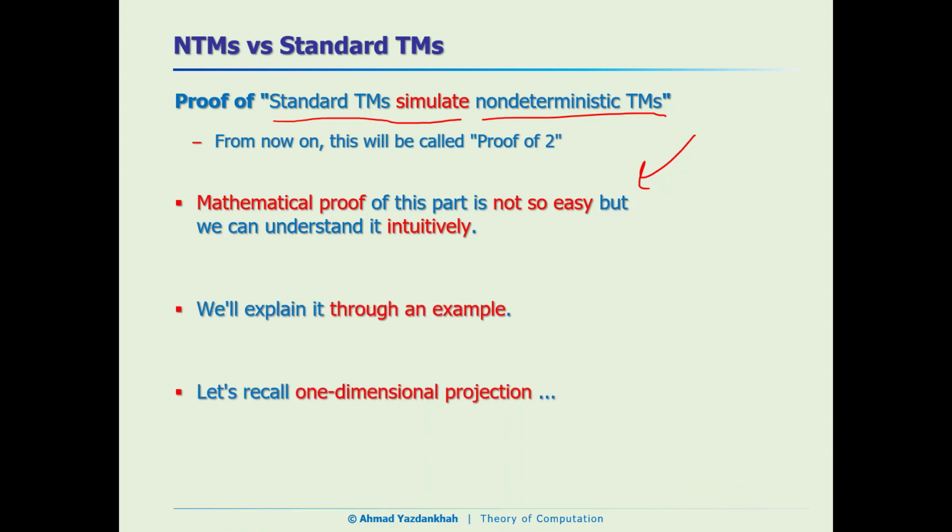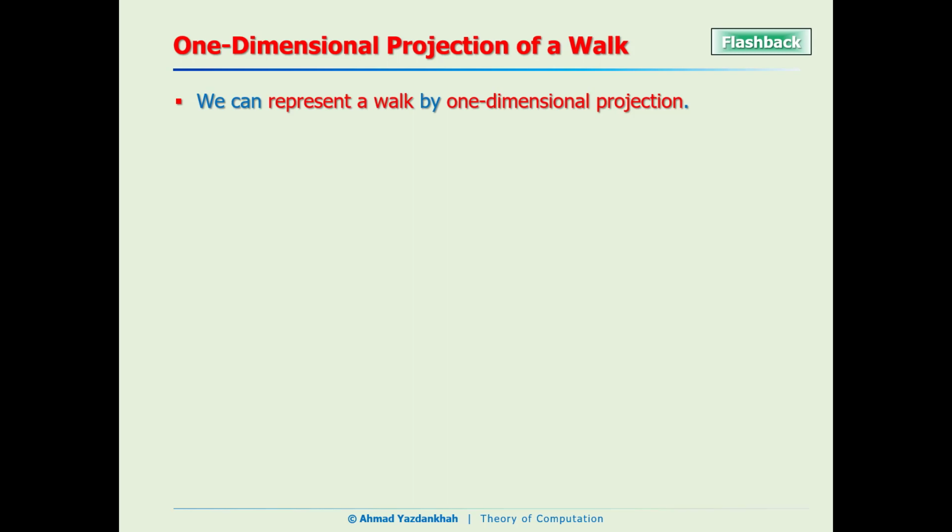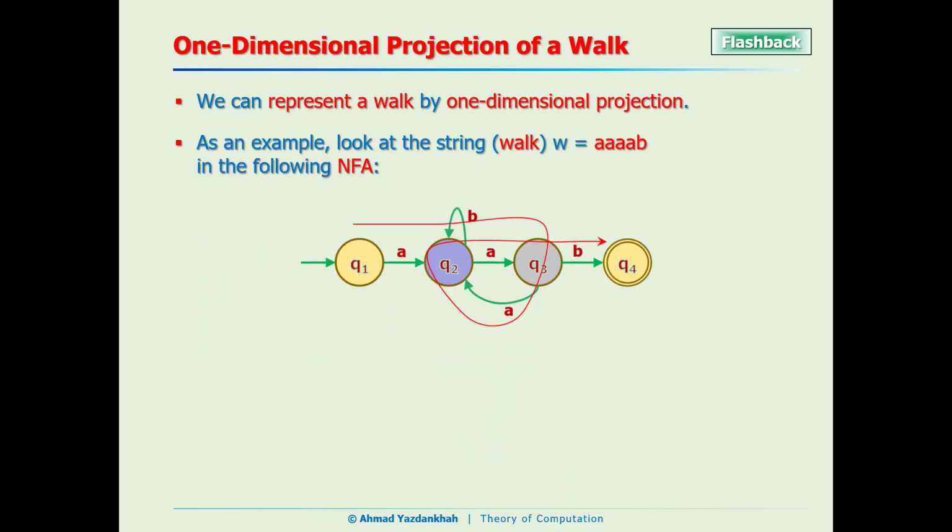Before that, let me remind you of the one-dimensional projection again. What was the one-dimensional projection? If we have a walk like this, A, and this is the walk, right?